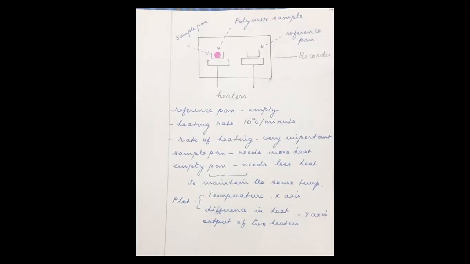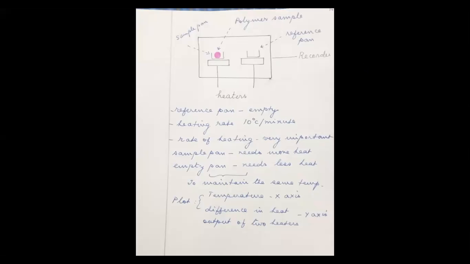So the plot or graph to be drawn for this experimental technique is that the temperature is taken on the x-axis and the difference in heat is taken on the y-axis. That difference in heat is actually measured as the output difference of the two different heaters employed to heat the sample and the reference.